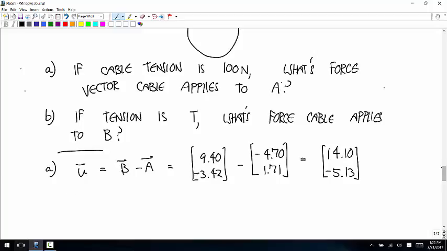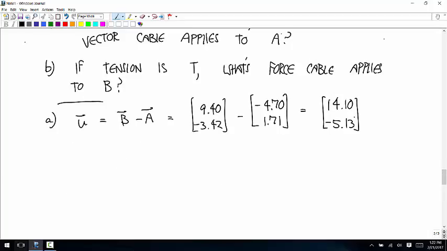It just isn't a unit vector, so now we have to divide by the length. Or if you have a TI-89 or Inspire, it'll just do that for you with the unit vector program. So the magnitude of that vector, the length of that vector, is 14.1 squared plus 5.13 squared, square root.